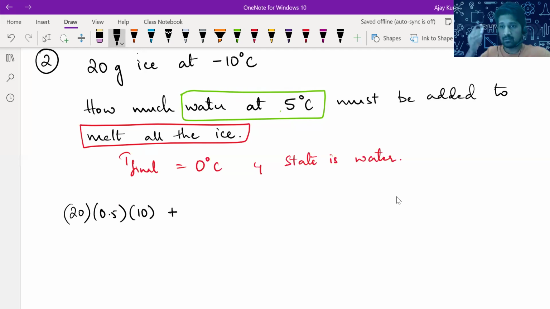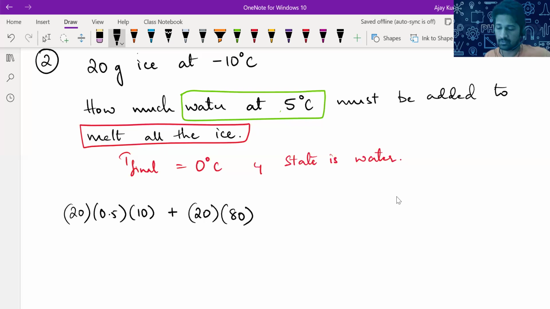Plus, once ice reaches 0 degrees, it should get converted to water at 0 degrees. The heat required for that can be calculated using m L: 20 grams of ice, latent heat of ice-water conversion is 80. So this is the amount of heat required by the ice to melt.